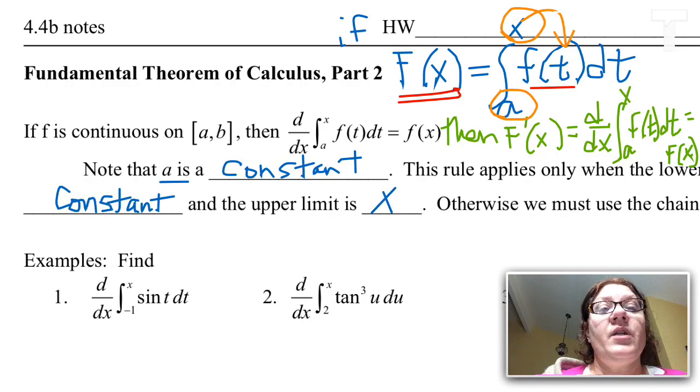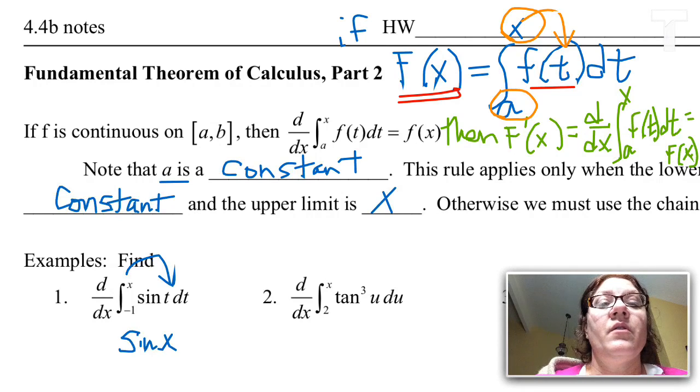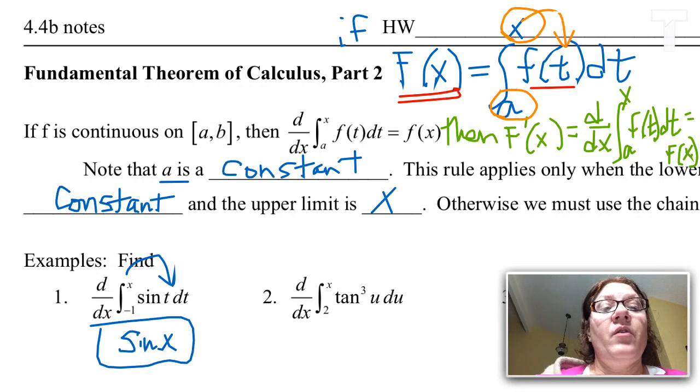So looking at this first example, I'm plugging this in, and so I'll end up with just sine of x. Again, noting it follows my rule because the top is x and the bottom is a constant.